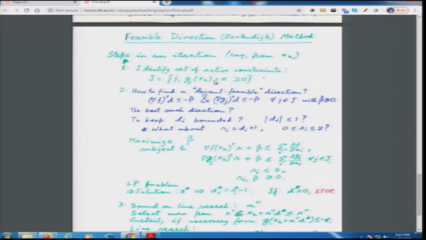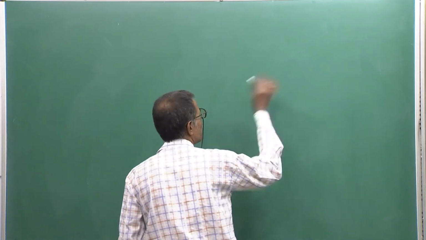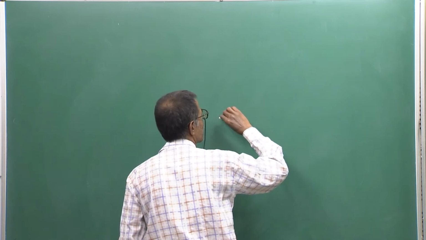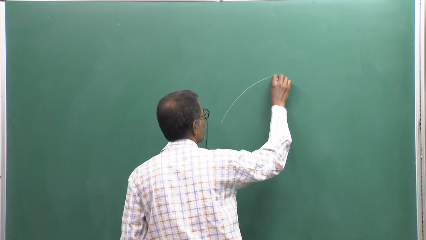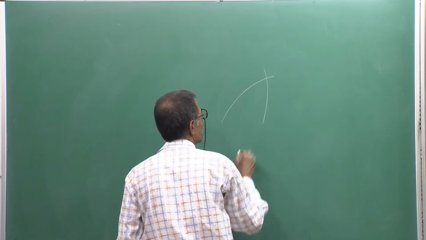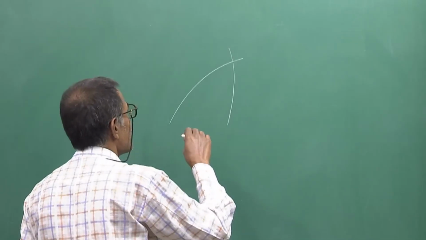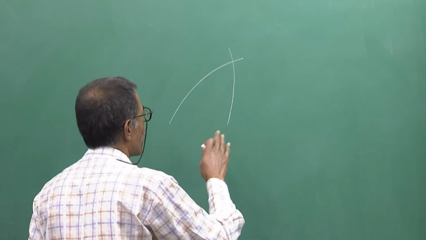Now, from that point you want to find a direction in which you want to move, and that direction should be a descent direction, a feasible direction, and that means a descent feasible direction. So, for example, there could be several boundaries close by, that means several constraints which are active like this, and there is this objective function f.